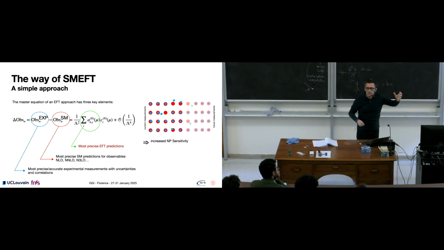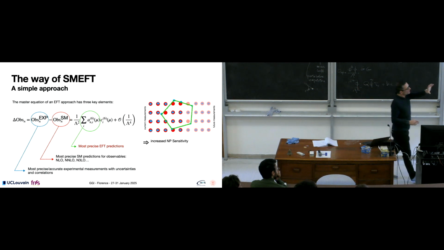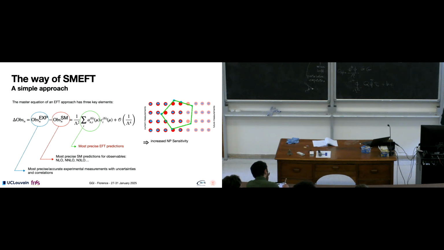But what does the SMEFT do really? It correlates them, okay? So it is predicting a pattern in the deformation. That's what it really does. So now if you have a pattern and you deform them, these fluctuations within the SMEFT are not random anymore, okay?